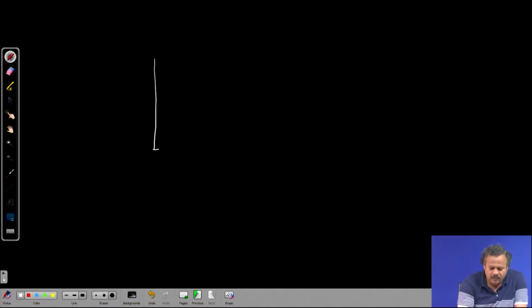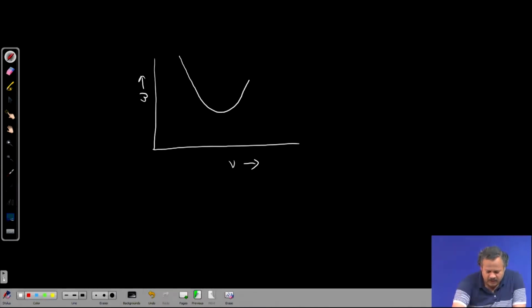Let us draw this new phase plane with the new nullclines V and W, and let us say that the V nullcline is like this and the W nullcline is going like this. So, this is our new equilibrium point.